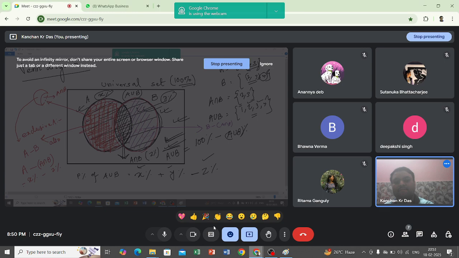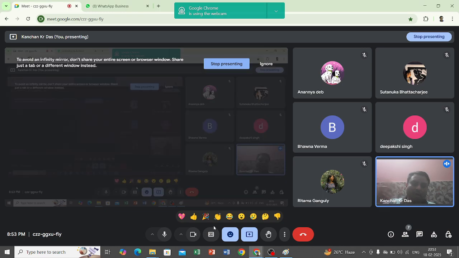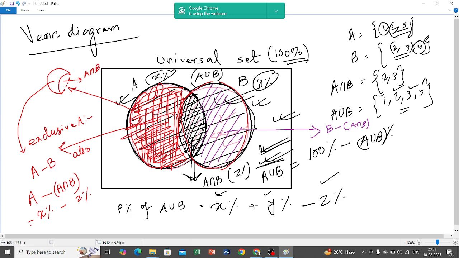So that means if you are asked to find out, now see how this will be asked in mathematics. I explained just in terms of A and B like this. Say for example, A denotes history and B denotes geography.